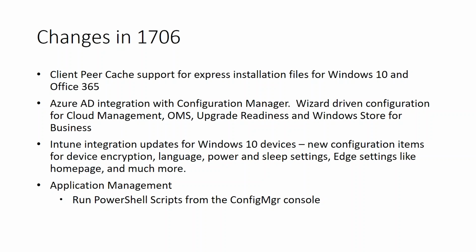Upgrade readiness allows you to take data from your Windows client machines, Windows 7, Windows 8, and Windows 10, upload it to Microsoft's upgrade readiness portal within the Operations Management Suite, OMS, and then analyze that data. Is this application going to be compatible? Are there known issues and so forth? So it helps you with app rationalization.